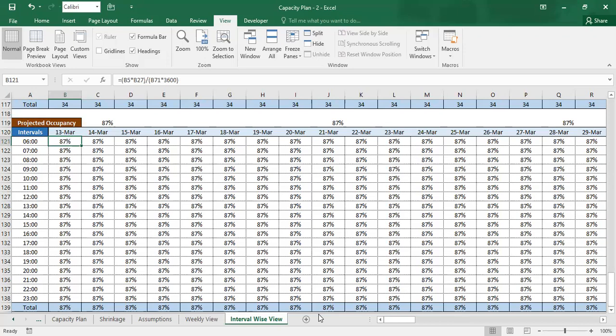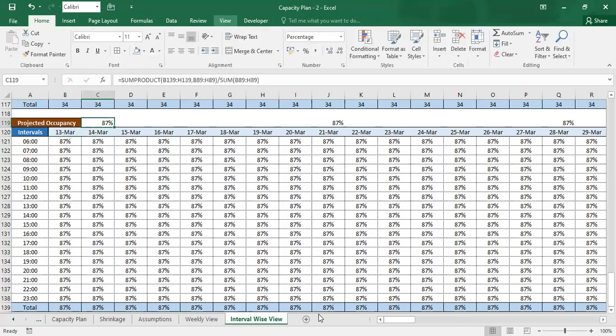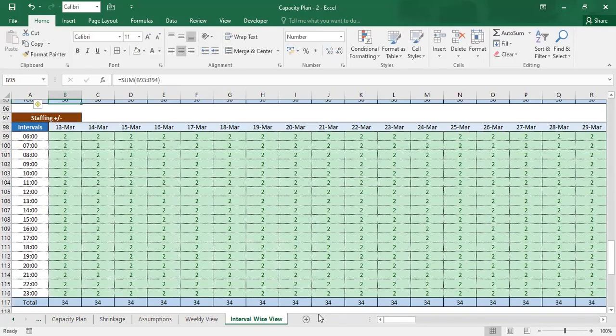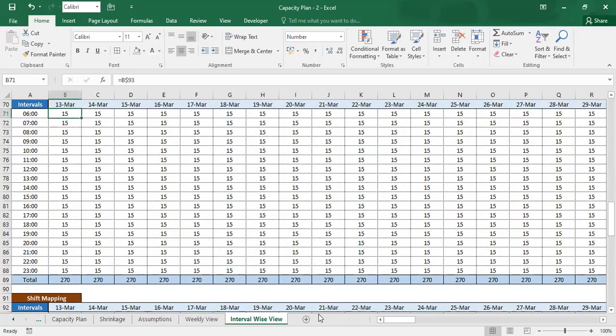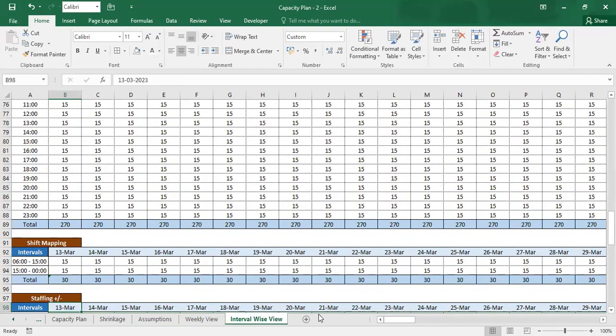So the main question is how I got the occupancy. What I have done is I have multiplied the AST into forecast, and the hours I have plotted here in the schedule. I have converted that into seconds.